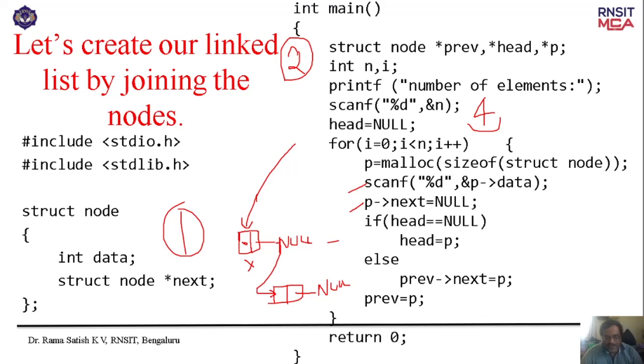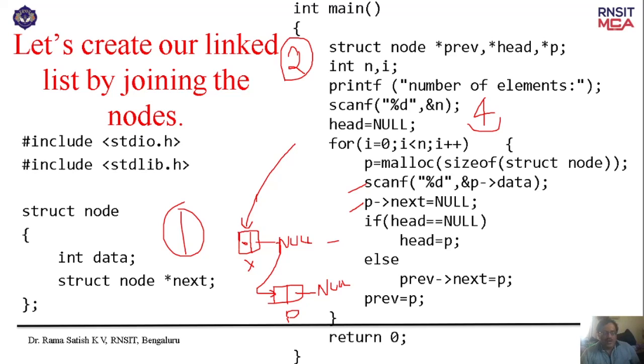Previous holds the last node. After assigning this, previous becomes p, so p moves here. Like this, another node is created, p is added with the help of the previous node, and it continues. Like this, 4 nodes are created.